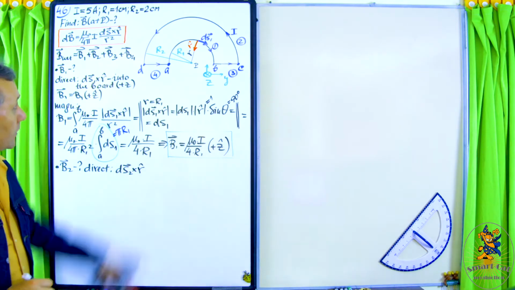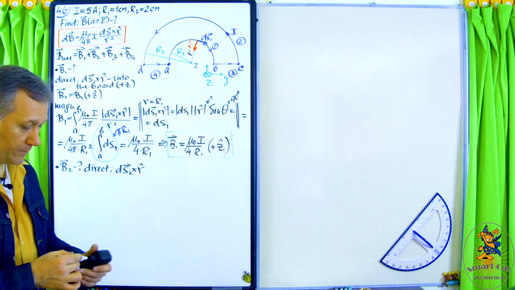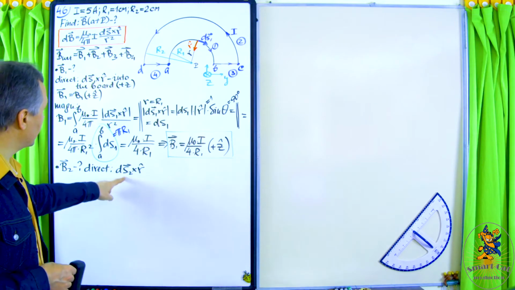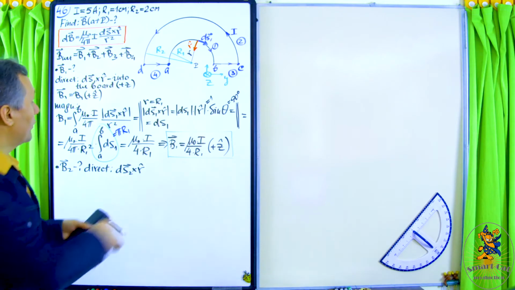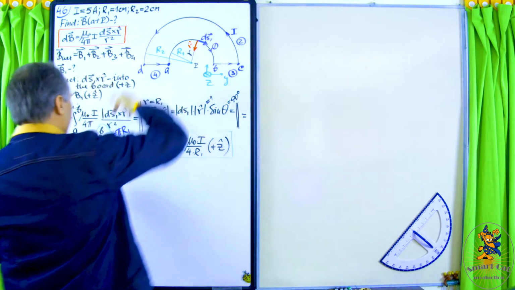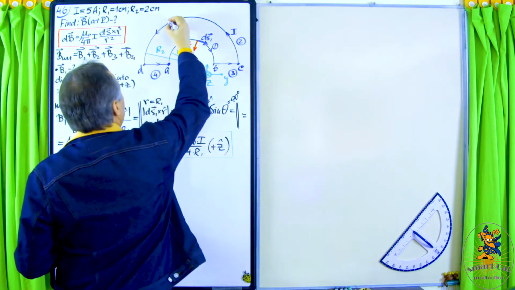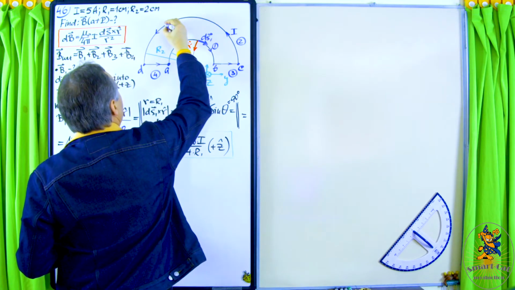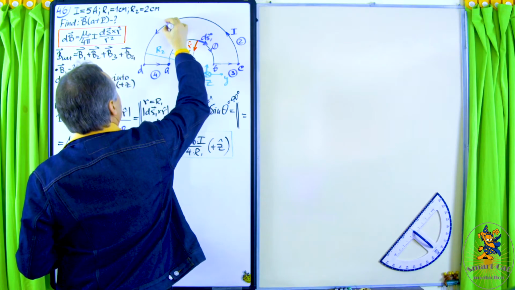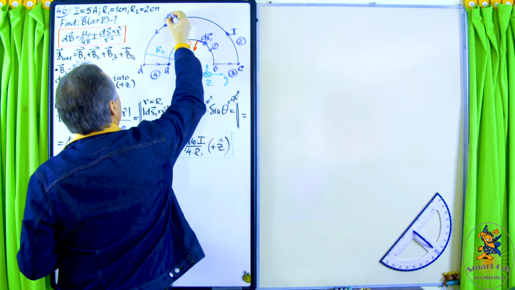All right, and again, let's draw it on the picture. Let's see where these elements are. So ds2, now we are on this semicircle. Let me draw it here. All right, so this is my ds2.